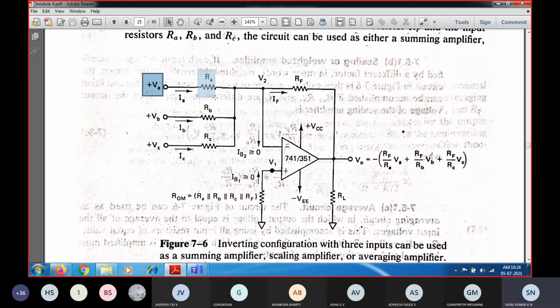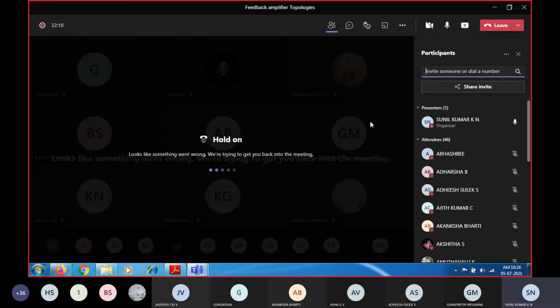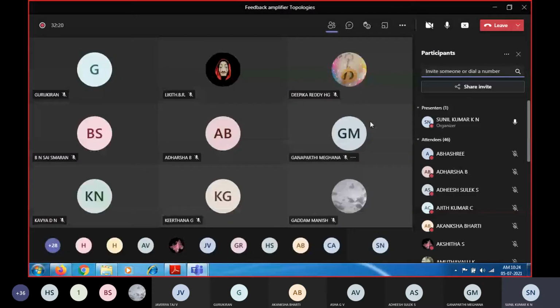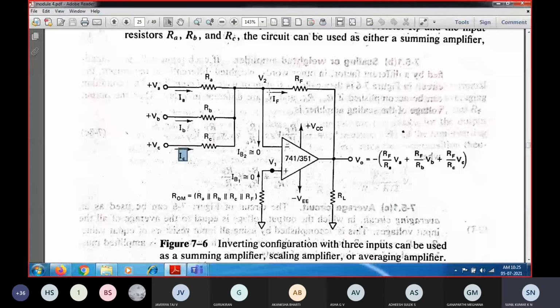And the current flowing across RC will be IC. All three currents, IA, IB as well as IC, sum up and flow across RF. So the current across RF will be IF. IF will be equal to what? IA plus IB plus IC.